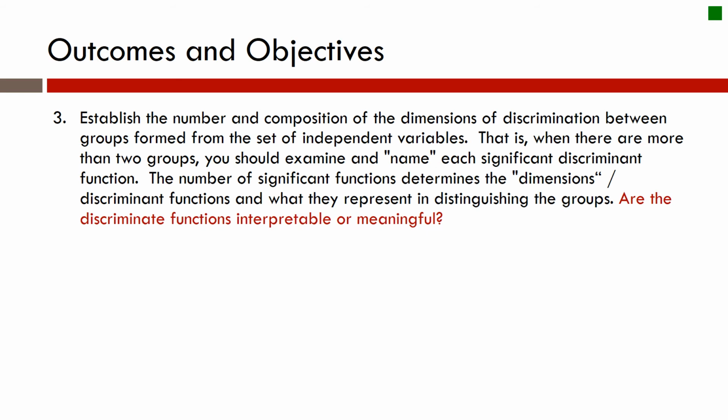So okay, we have 3 levels maybe in our dependent variable, which means we have 2 functions that are formulas that will help create the groupings, and there'll be a centroid for each function, essentially, or the functions will help us identify the centroids. But these functions are also interpreted somewhat like a factor in factor analysis.